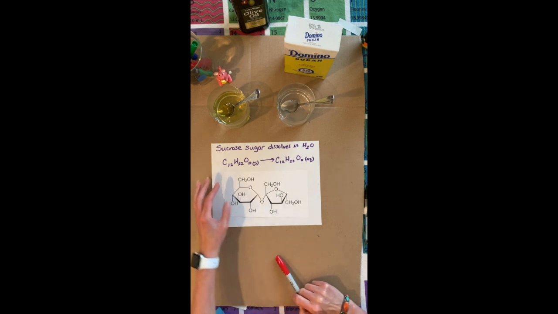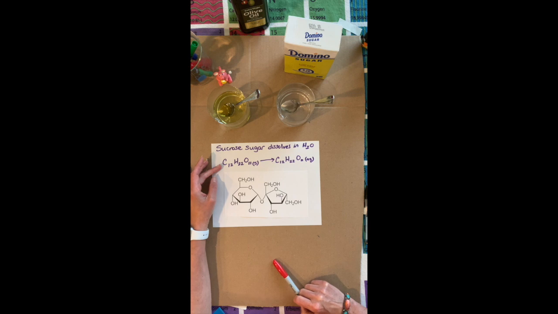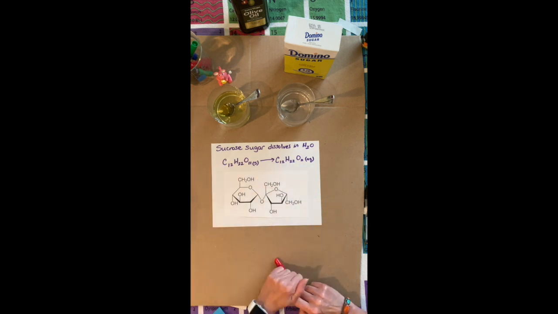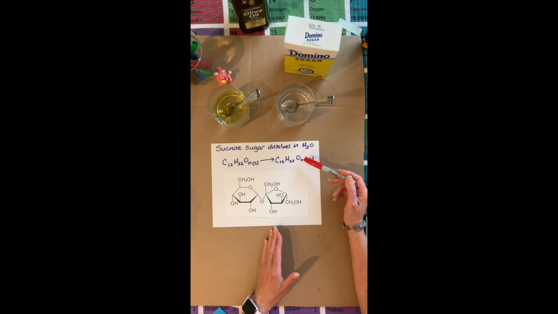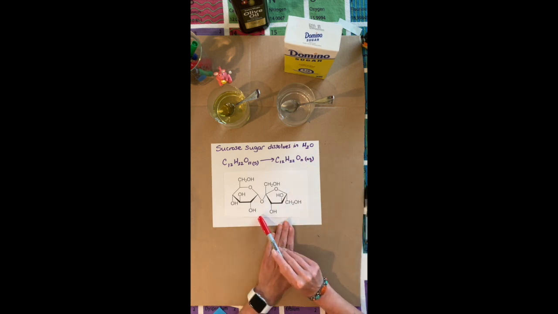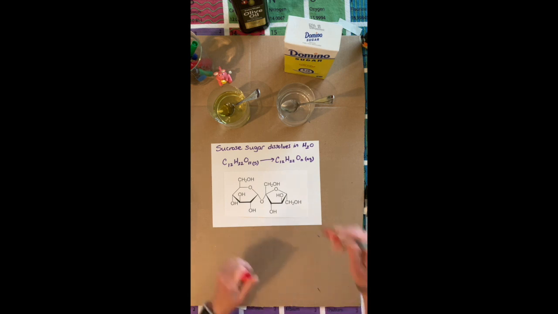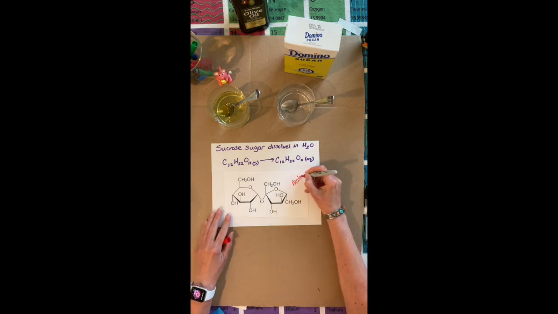I placed solid sugar into water and it became aqueous sugar. Notice, I'm not breaking it down into ions. This is not an ionic compound. There are no metals associated with it. It is a molecular compound.